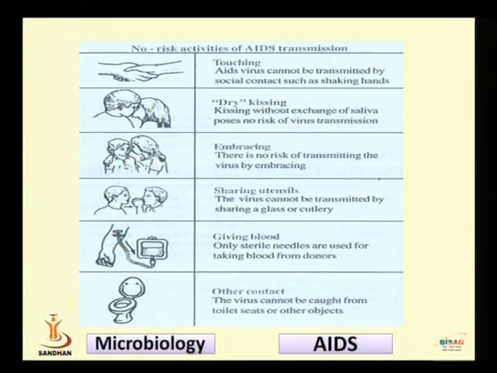You can touch the HIV infected person. You can also dry kiss the HIV infected individual. You can embrace the HIV infected individual. You can share utensils with them. You can donate your blood, and you can also use the same toilet seats.